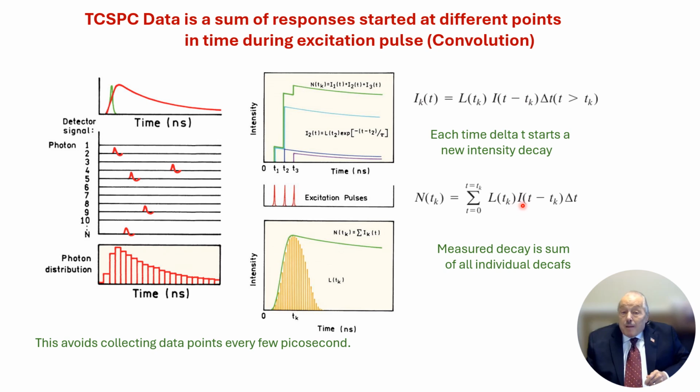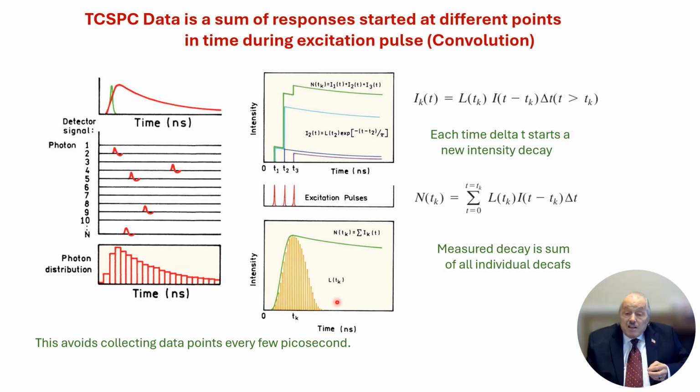There's a couple problems with this. One is that the instruments normally don't have delta function excitation. You have some type of excitation pulse, which can be anywhere from a couple nanoseconds wide to 100 picoseconds wide. But in any event, the sample is being exposed at different times with different intensities.